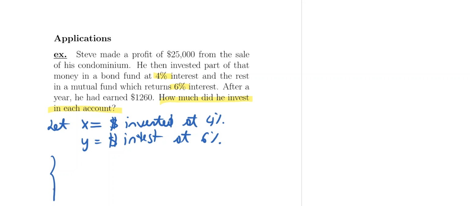So he said that the interest is $1,260 and that he invested the profit, right? The profit is 25,000.